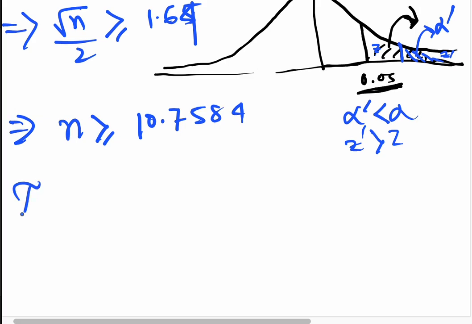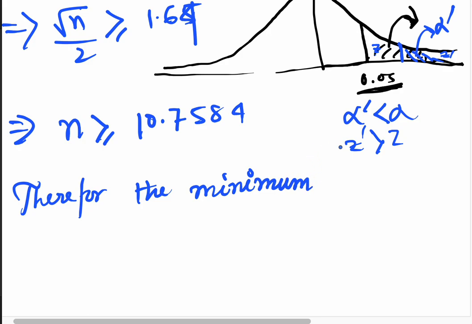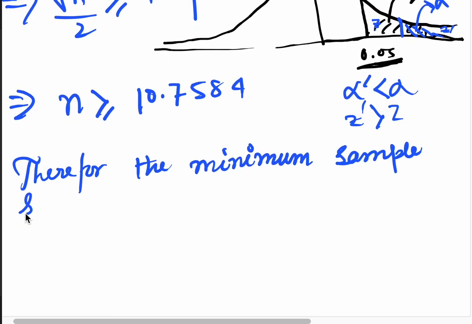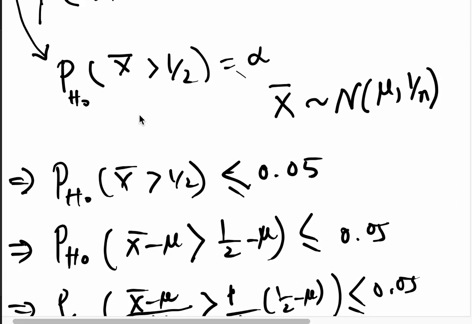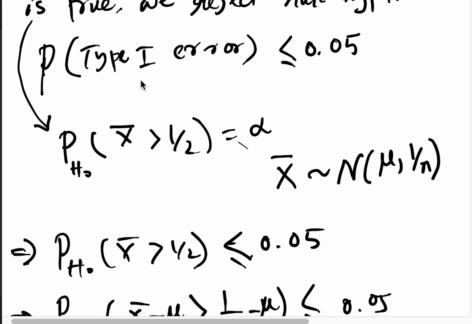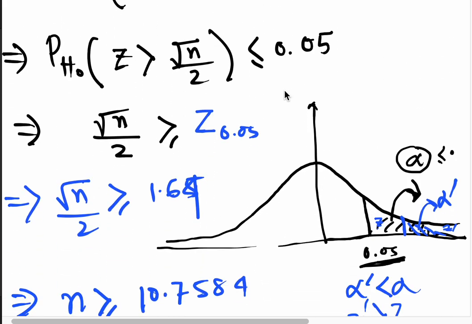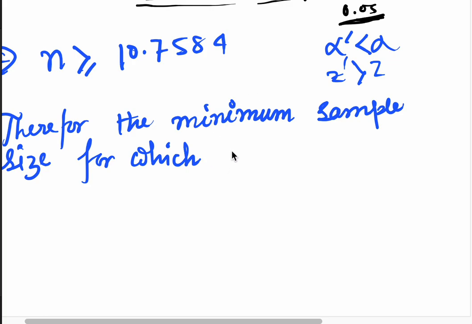Therefore the minimum sample size for which this is true, that alpha, the type 1 error, is less than 0.05, is 11.